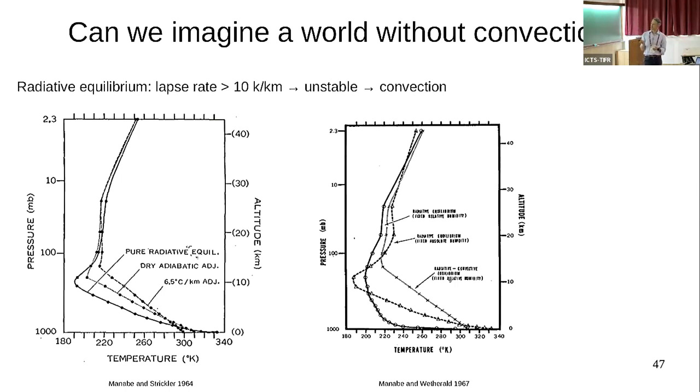So it will still be true that a world with radiation only is very unstable, but just during the first kilometers, then it's a different story. To get these results, you have to make some assumptions. Manabe changed the assumptions and showed it's a little bit sensitive to that. But the main idea is the same. A world without convection, obviously, is unstable to convection. Convection is there to put it back to a stable profile.